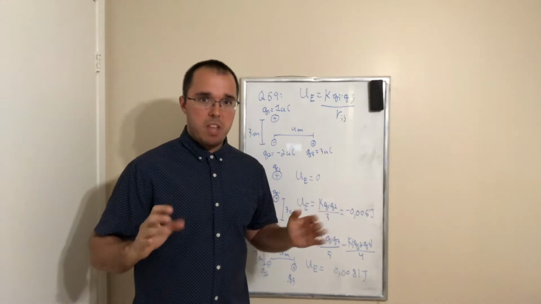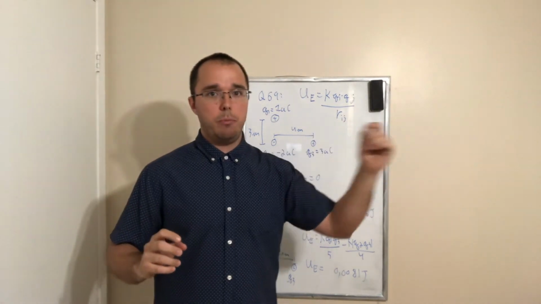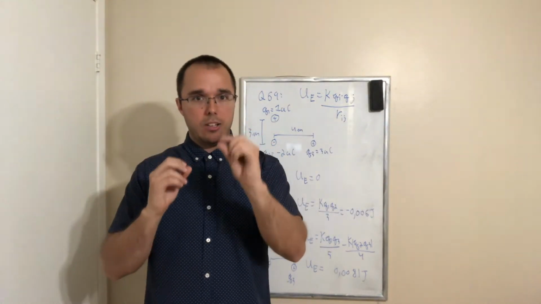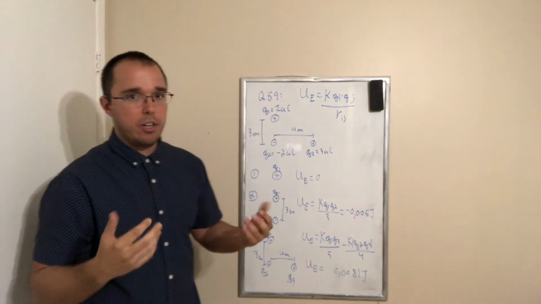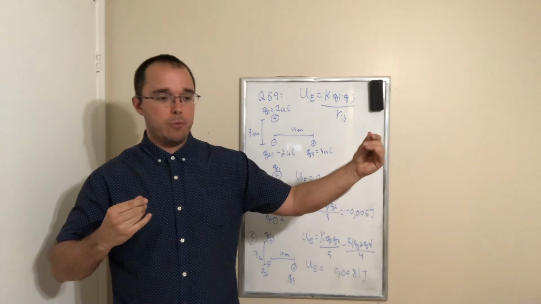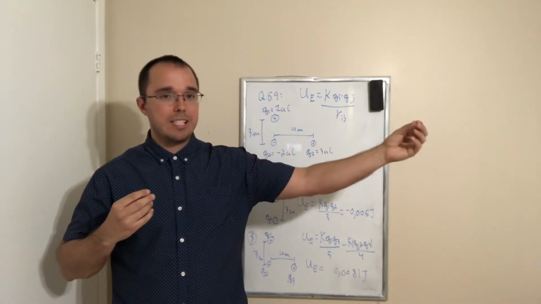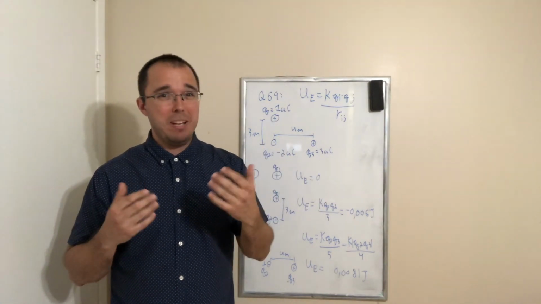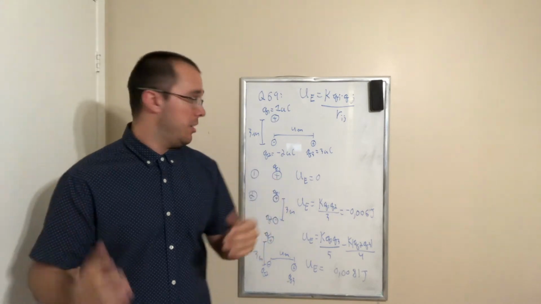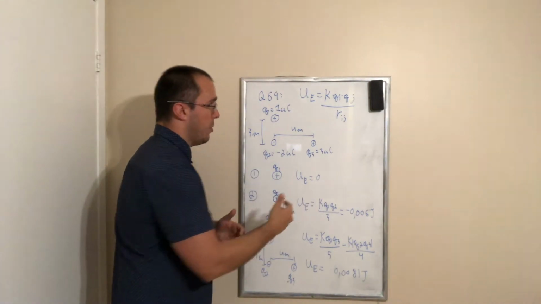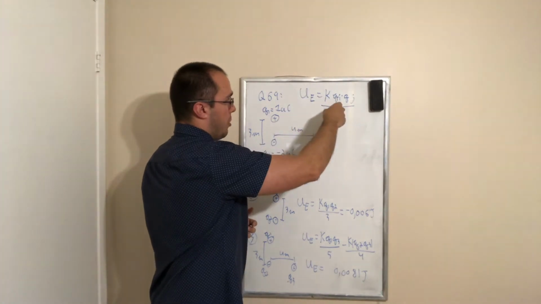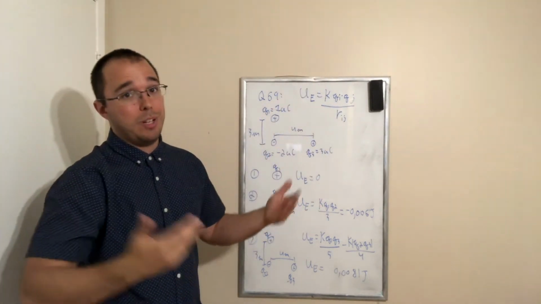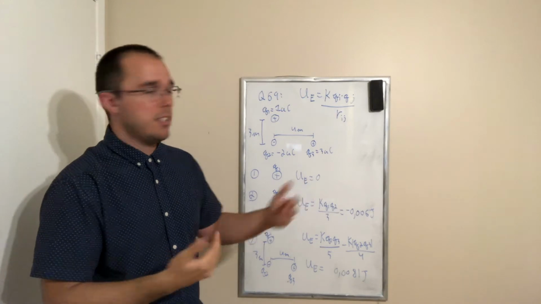There's no charge, and we're taking Q1 from infinity and bringing it to a certain point over here. Now there's no other charge to fight the displacement of the first charge, that means there's no work needed here. The total amount of work is 0. In some sense, it's like you're using the potential energy formula and one of the charges is 0. Well, there's no charge, so one of the charges really is 0.